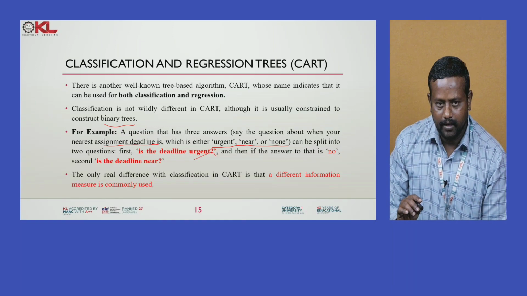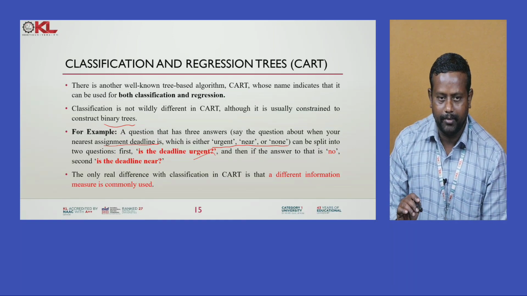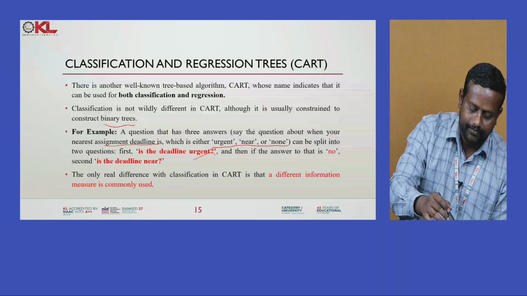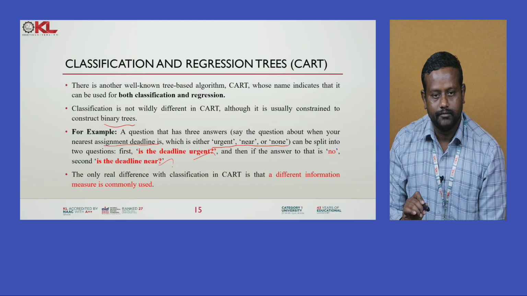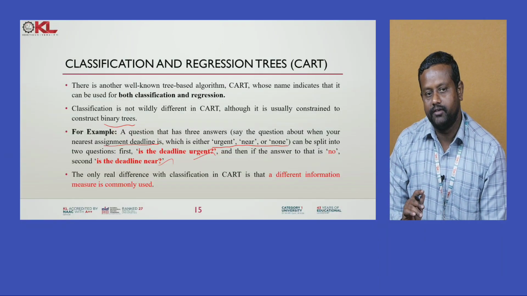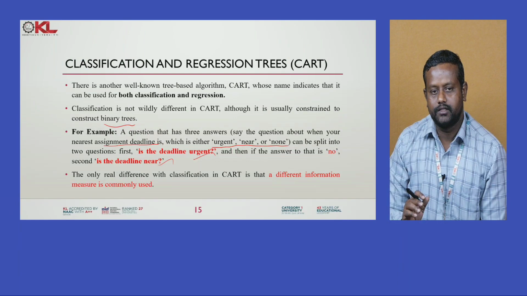If we say yes, then we automatically know it is an urgent situation. If we say no, then again we ask, is the deadline near? If we say yes, it is near. If we say no, none. So we have to find a different way to get an answer for this particular situation.